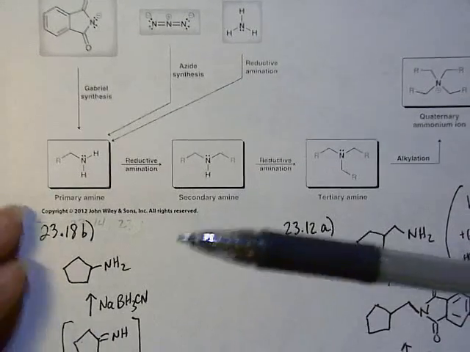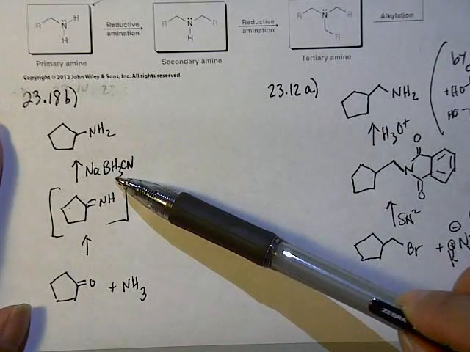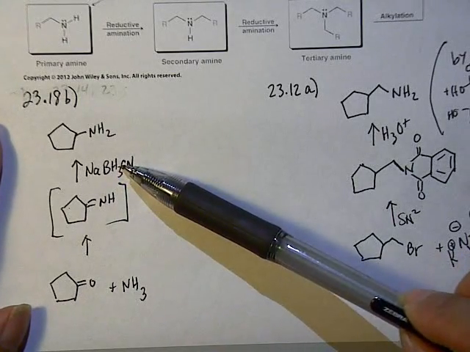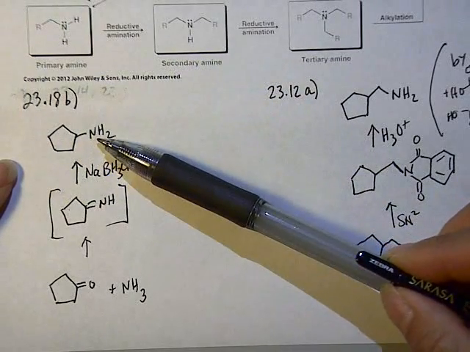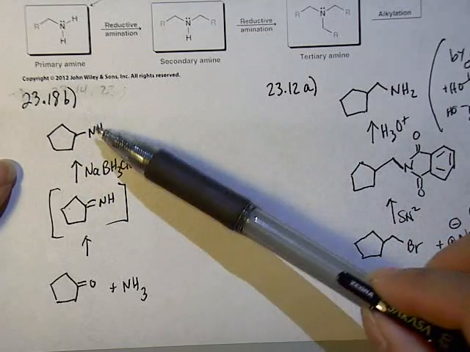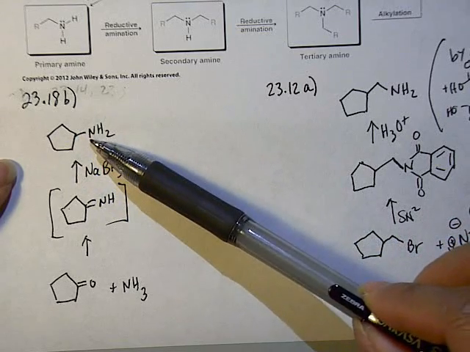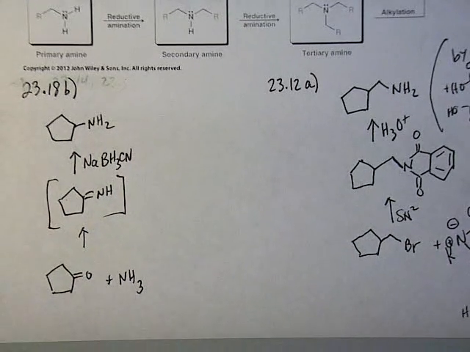If I give you what do you get if you react this with the sodium cyanoborohydride, then on the back you should have this, so that is covered. You should be able to give me the product, and then you should also be able to test yourself with how you would prepare this, and the answer should be on the front of the 3x5 card. All right, so make sure you're making these cards as we go over them. Every reaction should have two to three of these cards, so you could keep quizzing yourself.